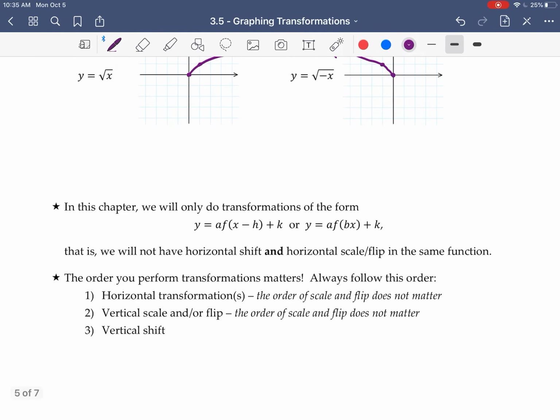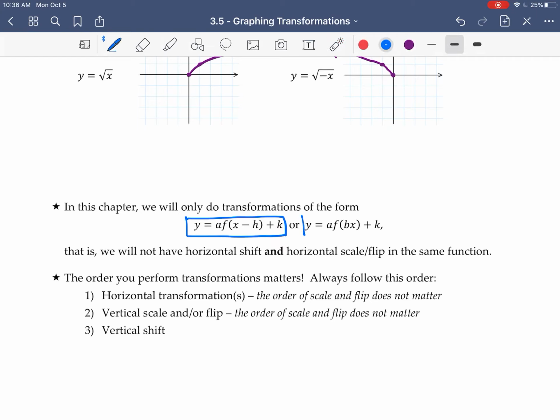Now, in this chapter, we're not going to combine too many of the transformations. These are the hardest ones you might see. This is a vertical stretch, a horizontal shift, and a vertical shift.